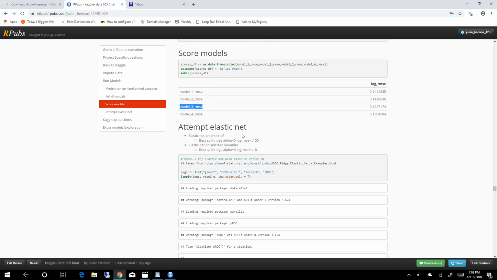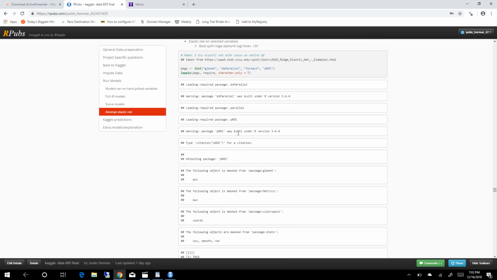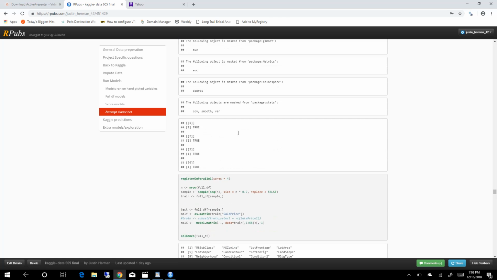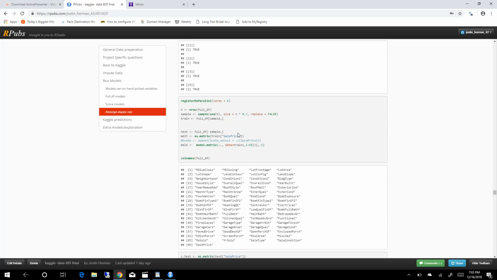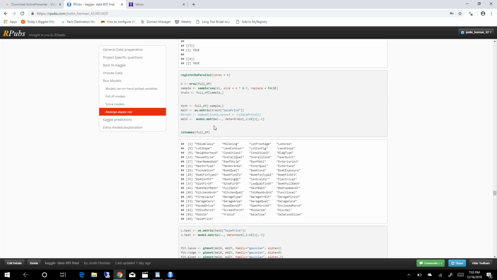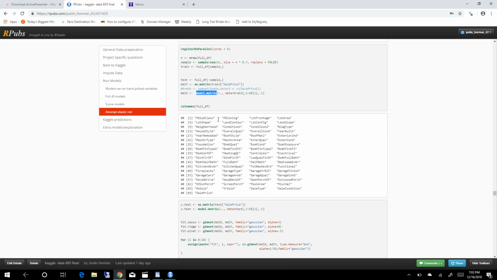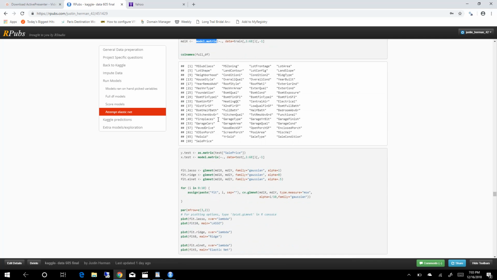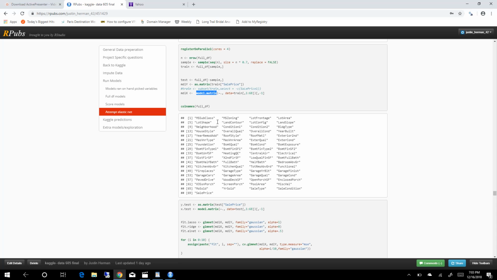But I want to try ElasticNet. But ElasticNet was a pain because all your factor variables have to be created into dummy variables. So I had to, but model.matrix, I believe, handled this well. So I plugged it all in. I turned these all into dummy variables. So now we have hundreds of columns.